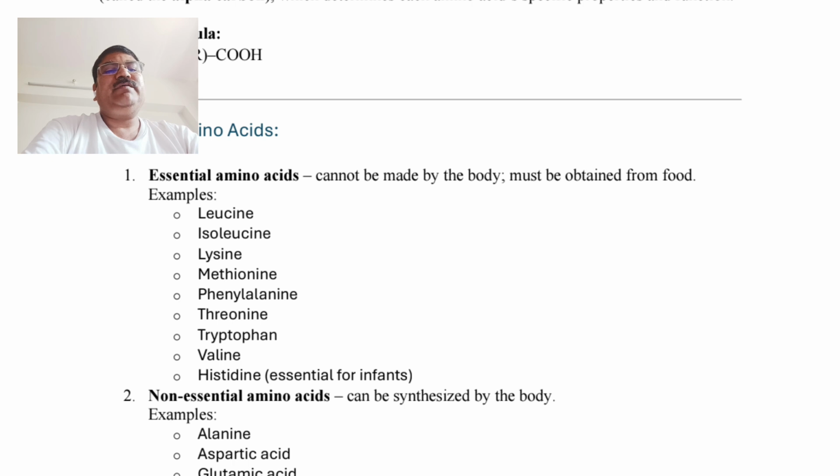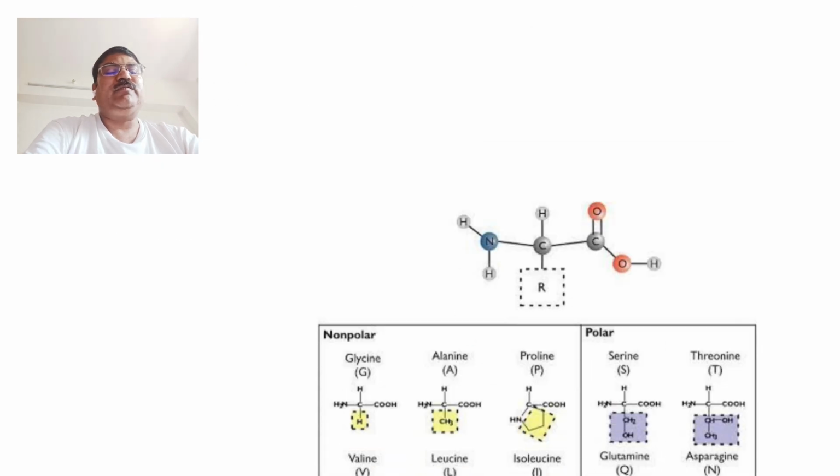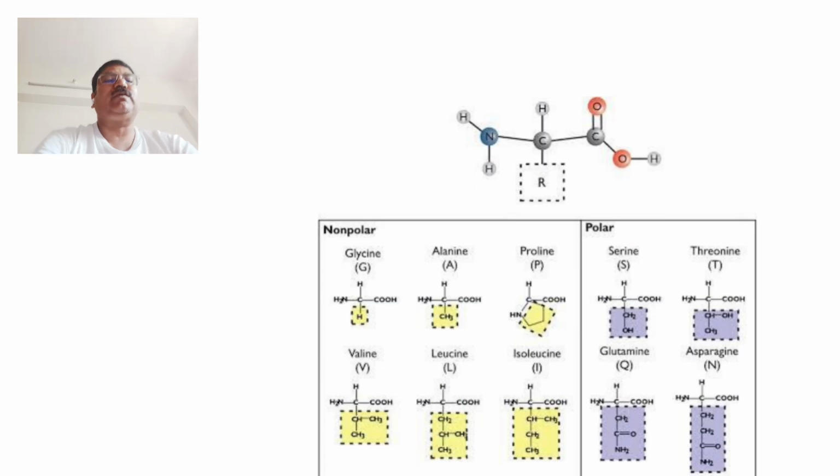Whenever we have to see the types of alpha amino acid, we have to see the structural aspect. Now see the structure: alpha amino acid with R as a side chain, containing two functional groups, the NH2 group, the alpha carbon atom next to the COOH group, and the R group shown by the square dotted lines.